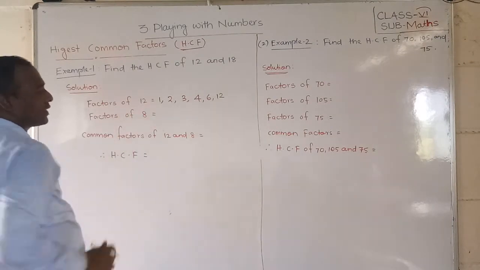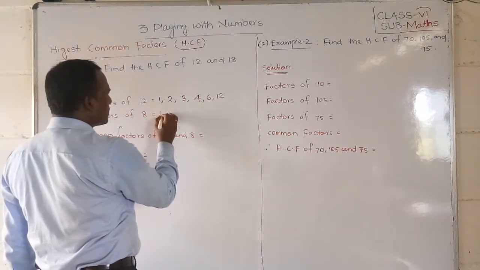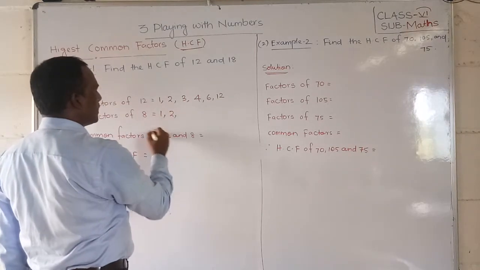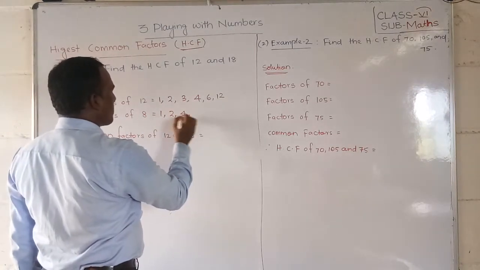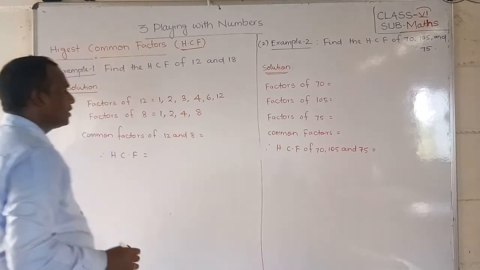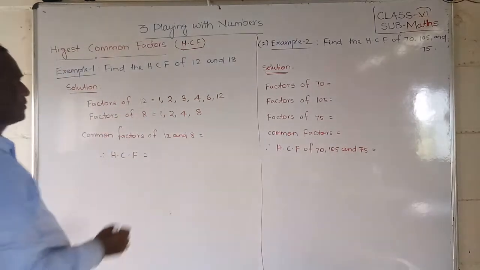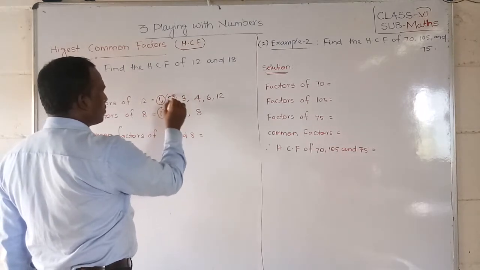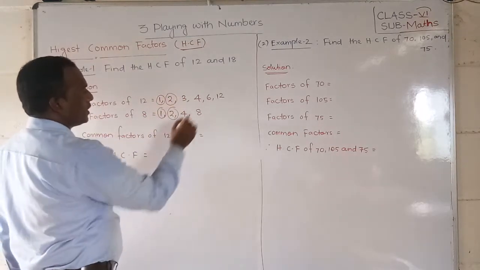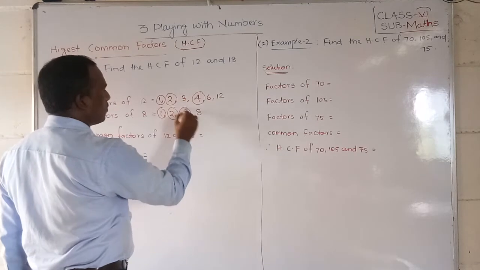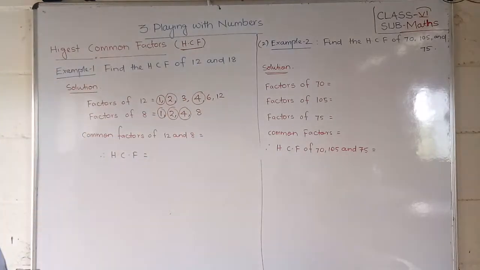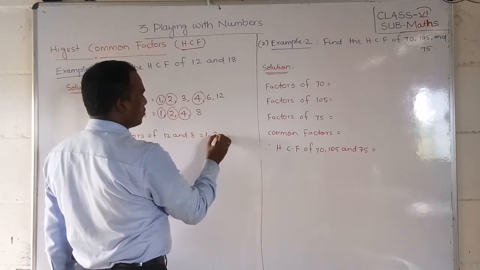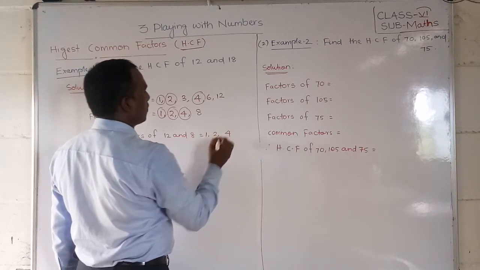Similarly, find the factors of 8. 1 is compulsory. Next, 2 is divisible: 2 times 4 is 8. Next, 4 times 2 is 8. Next, 8. Now let us find the common factors. 1 is common. 2 is there in both. 4 is there in both. So the common factors are 1, 2 and 4.